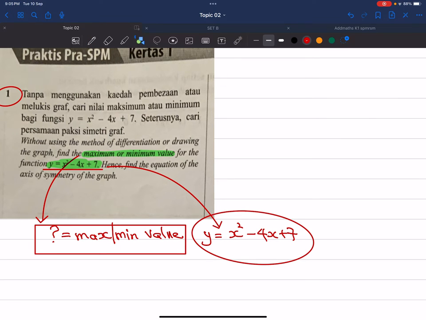Next, hence, find the equation of the axis of symmetry.